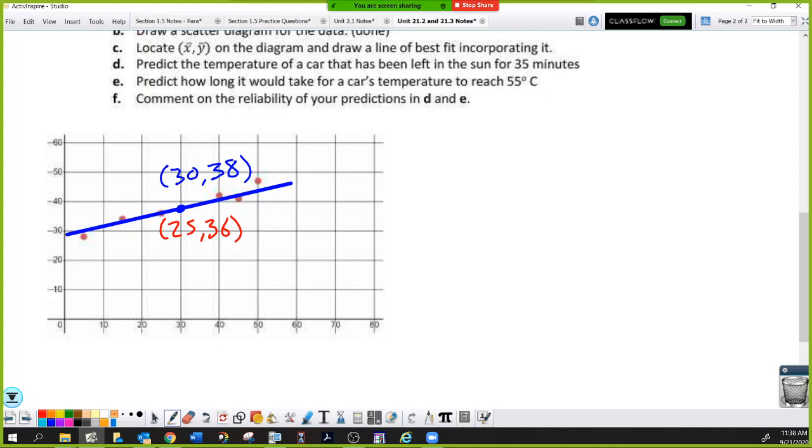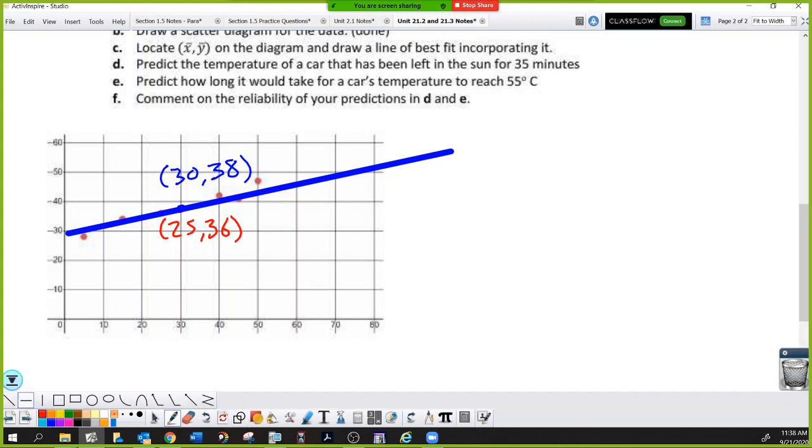In order to do that, I would have to extend this line. Unfortunately it's getting fatter, but 55 degrees is a temperature. So I'm going to draw a horizontal line at 55. That looks like 55.